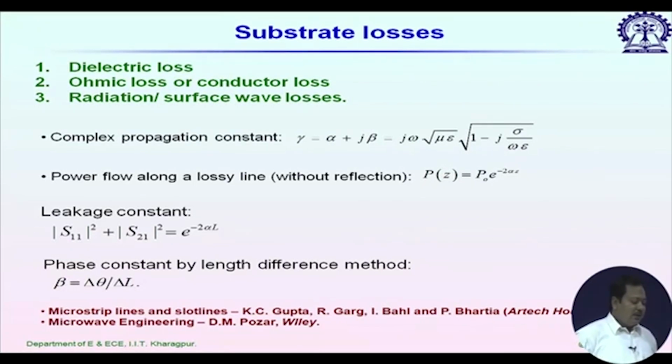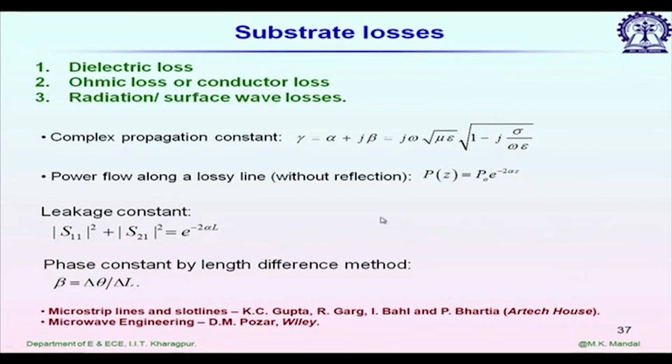So, alpha and beta are both very important parameters for any wave guiding structure. So, how do we measure them? You see we have a relationship here.